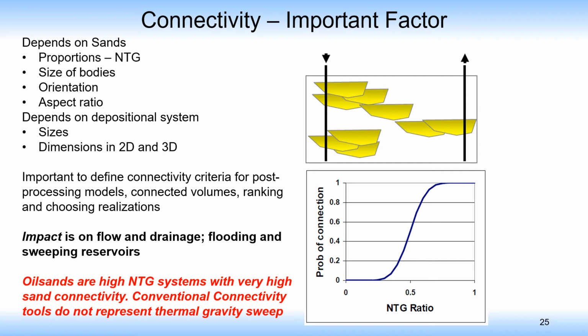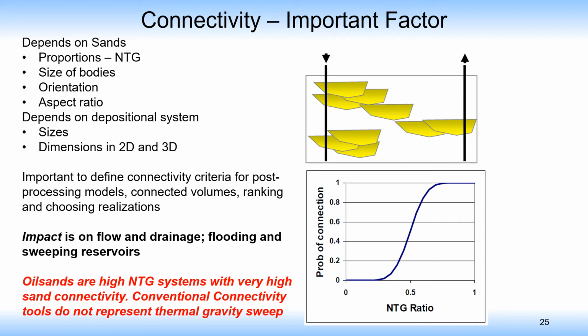Okay, so it's known, it's been studied along the river systems, Mississippi, for example, that as the net to gross ratio, sands to shales, sands to muds, increases, the connectivity increases quite rapidly in the middle here.